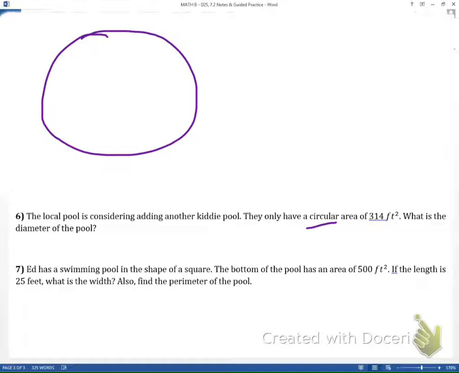So we have this pool here. They tell us that the area, or the amount inside, is equal to 314 feet squared. But that's not what they want to know. They want to know what is the diameter.